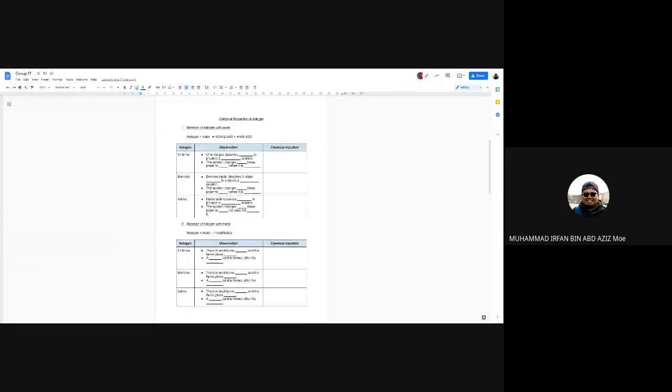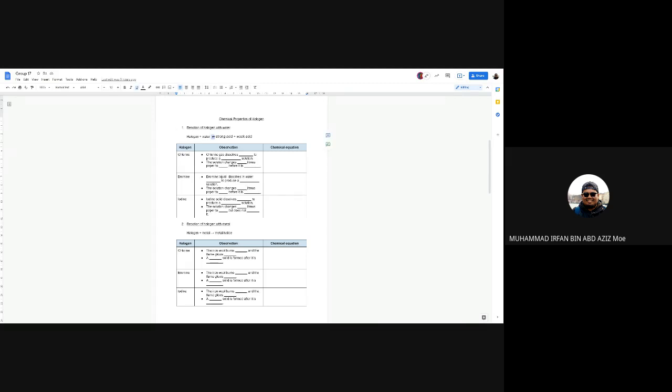I will do three examples first for the chemical equation. Just copy the template. We will start with chlorine with water. If we look here, the arrow is quite different. It is not one direction.